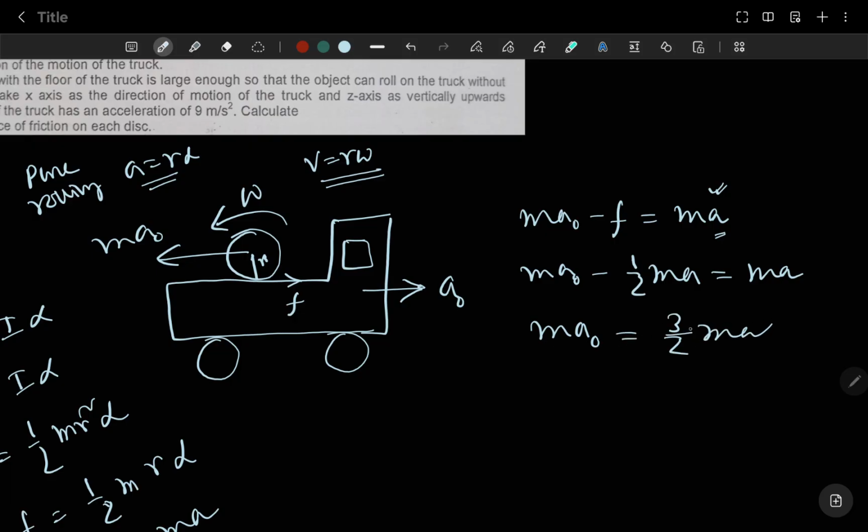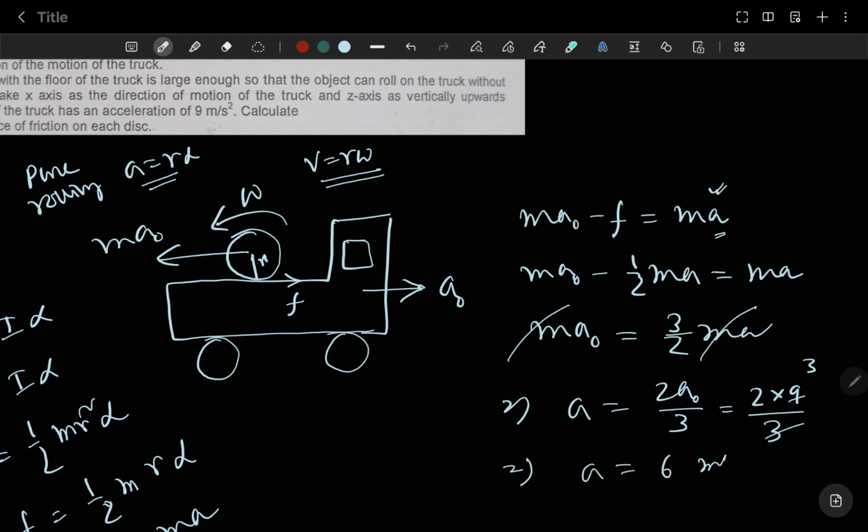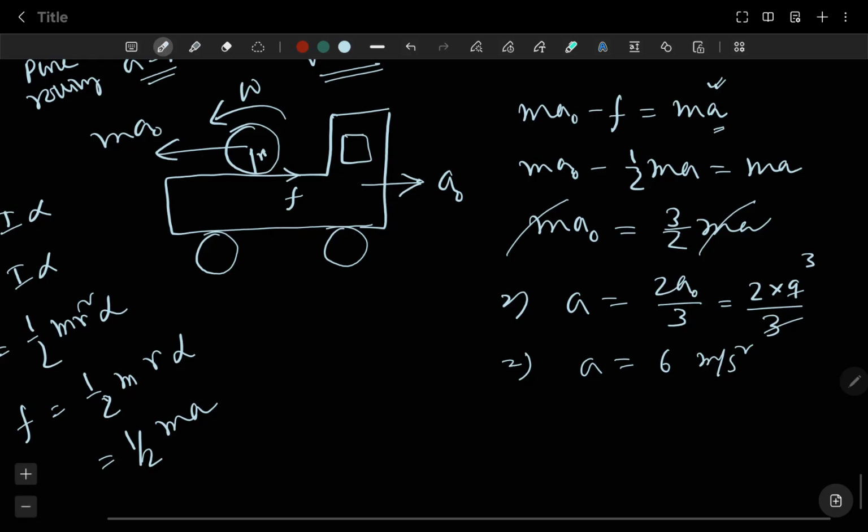So if I cancel this m, I'll write a as 2a0 by 3. So it will be 2 into 9 by 3. So a is 6 meter per second square. So they have asked you the frictional force.